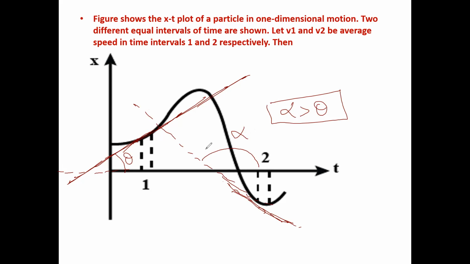Only the positive direction of the x-axis you have to consider this way. Anti-clockwise, you have to see which tangent has the larger angle. Alpha, sir. So alpha is greater than theta. So simply you can write V2 greater than V1. That's it. As simple as that. You just have to draw the tangent and see.